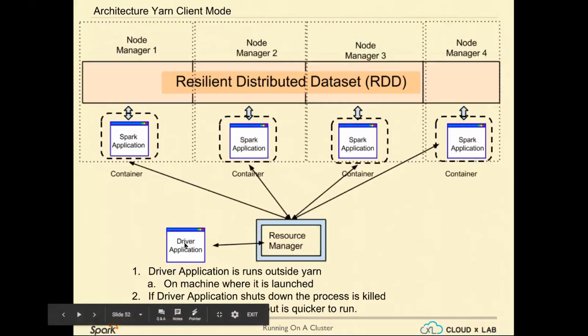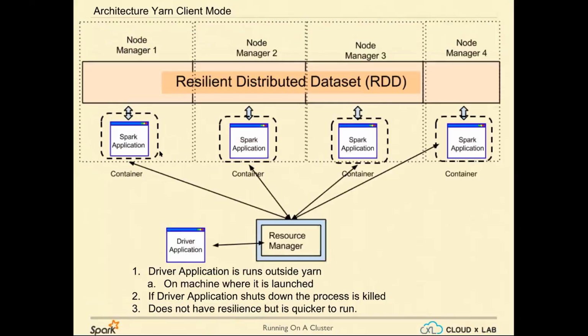The driver application interacts with the resource manager to get the work done. If you are running in yarn client mode, meaning the deployment mode is client mode, then even though you are running on yarn, the driver would run on the same machine on which the user has launched it, or some script has launched it.